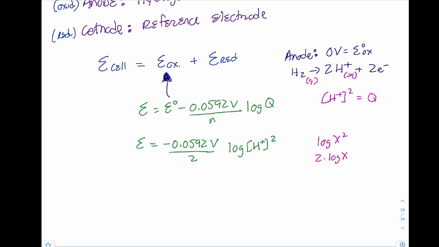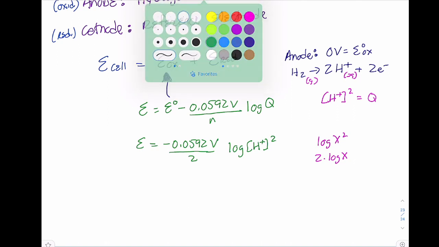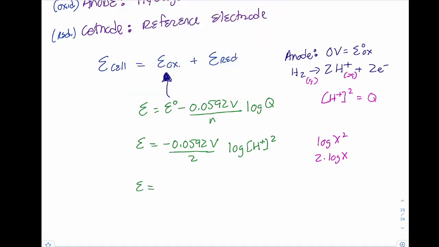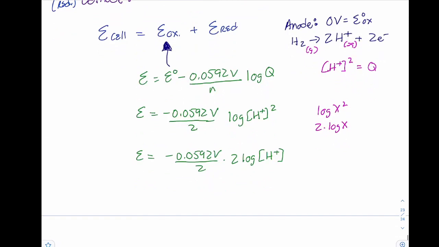So I'm going to rewrite that using that identity. And then my 2's here are actually going to cancel each other out.